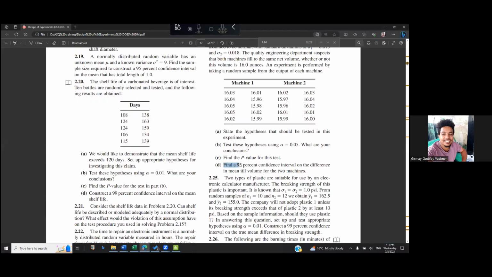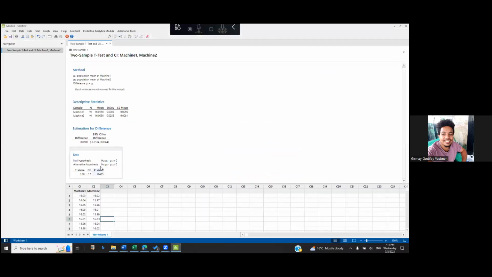Next, D: find the 95% confidence interval on the difference in means. The mean difference is 0.01, and the confidence interval minimum is negative 0.016 and the maximum is 0.03. This whole interval is the 95% confidence interval on the mean difference.